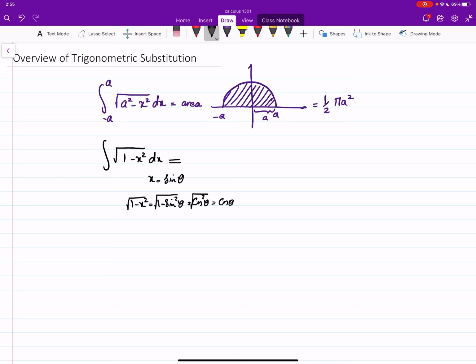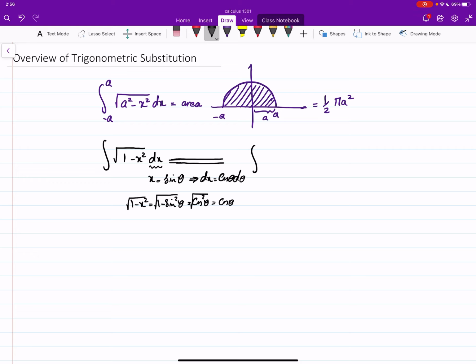But you have to note that this is a little bit different substitution. In substitution, usually u is equal to a function of x, but here x is equal to a function of the second variable theta. That actually makes integration somewhat easier, because now we don't need to be worried about the derivative of u somewhere in the integrand.